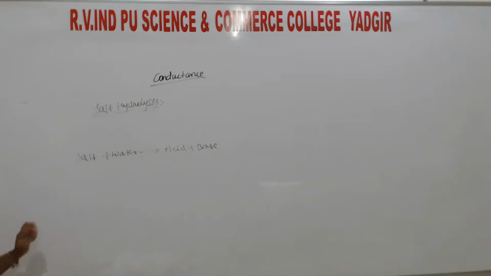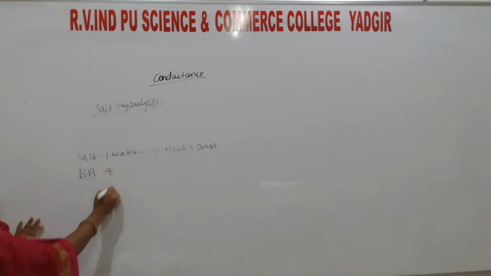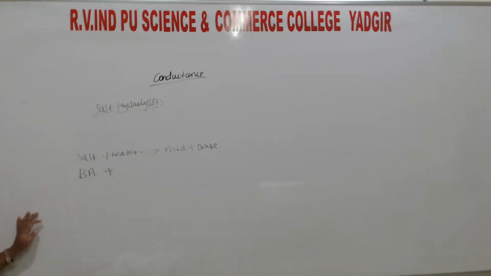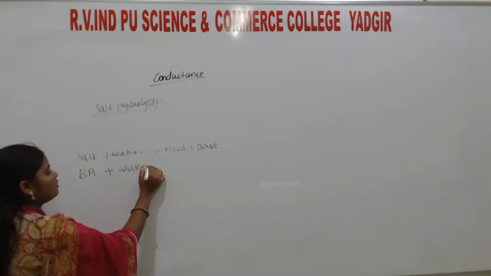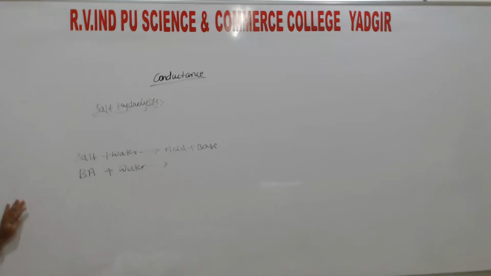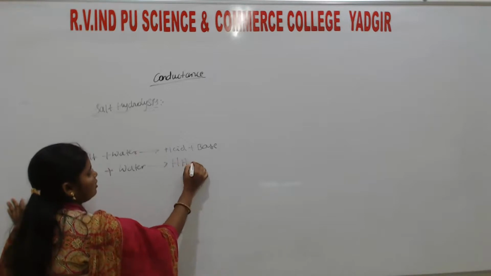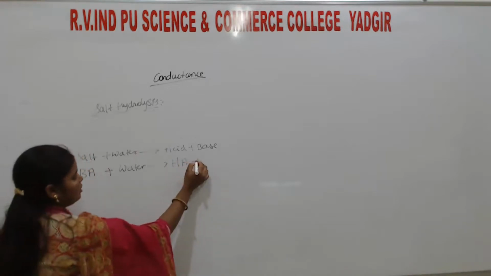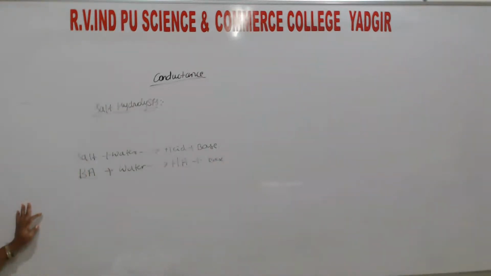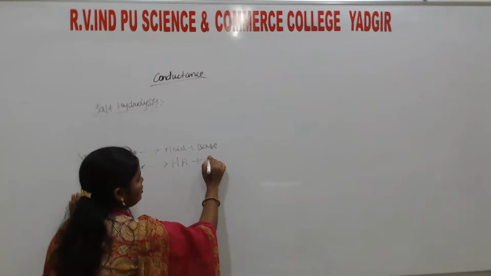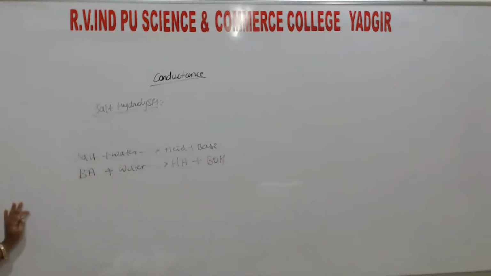Here I take the salt as BA. Consider BA plus a water molecule, plus water, to form the acid HA plus the base BOH.